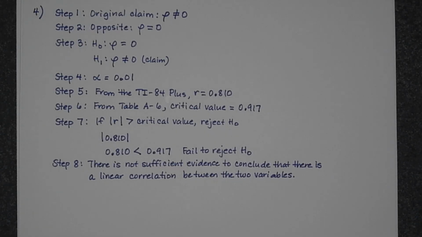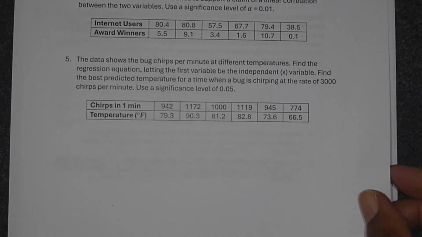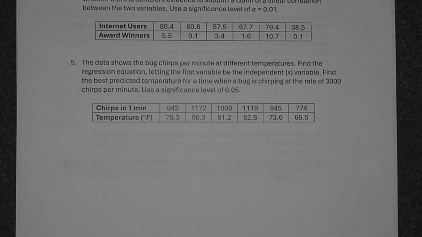Okay, and finally, problem number 5. The data shows the bug chirps per minute at different temperatures. Find the regression equation letting the first variable be the independent or the x variable. Find the best predicted temperature for a time when a bug is chirping at a rate of 3,000 chirps per minute and use a significance level of 0.05.